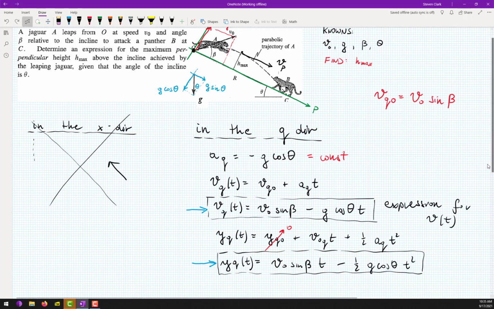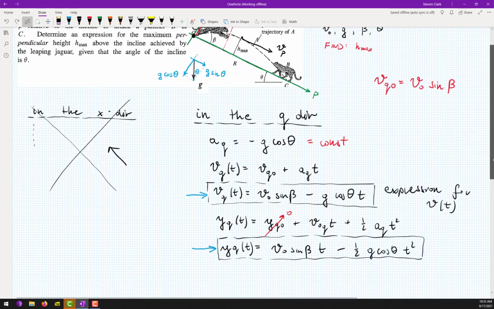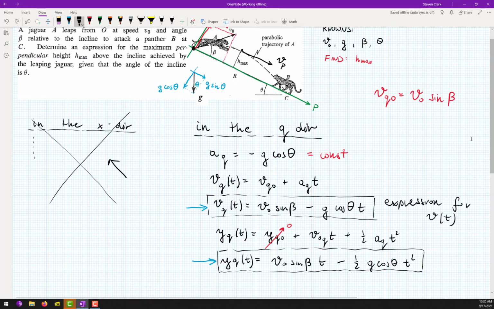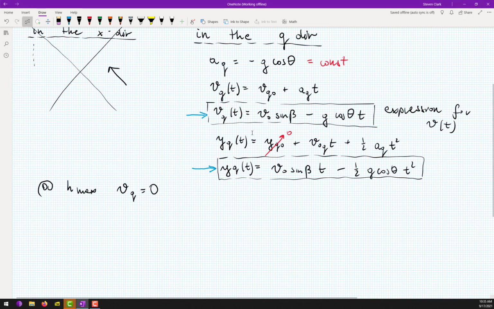Okay, and we can find the time thanks to that. Yes, let's do it. So we can write at h max, v_q is equal to 0. So 0 is equal to v0 sine beta minus g cosine theta t, let's say t star.